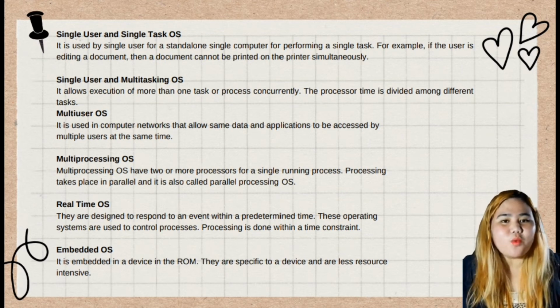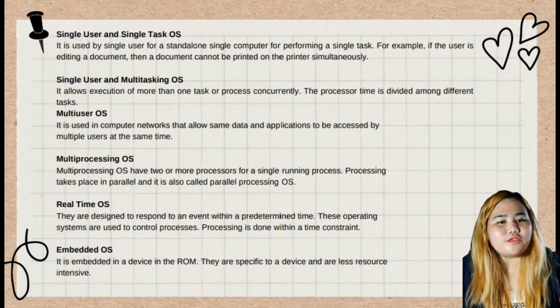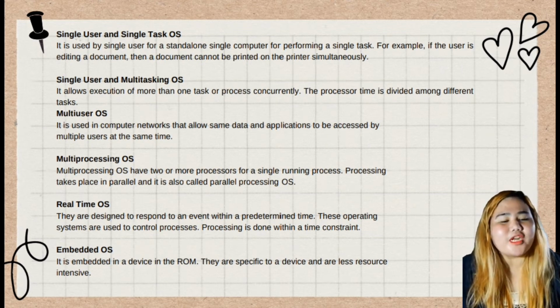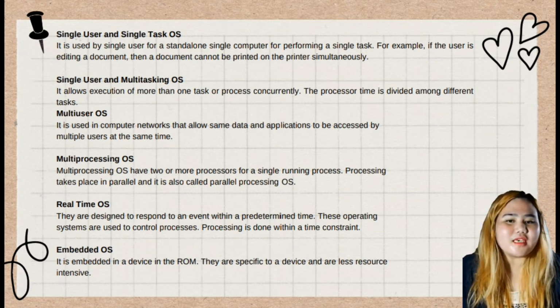For instance, while using word processing software to write an article, the user can play music on the computer. The user can move data back and forth across programs while navigating between them. Windows 95 and all subsequent Windows versions are examples of multitasking operating systems.